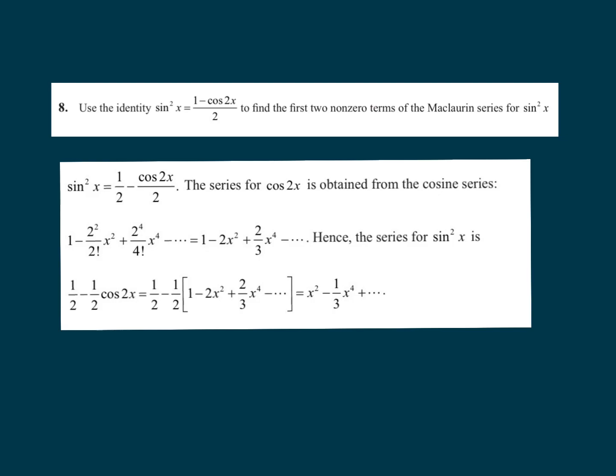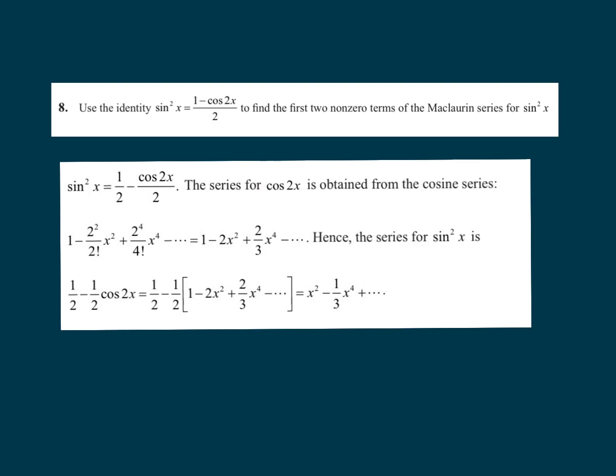Okay, and this one, we use the trigonometric identity for sine squared of x to find the power series representation of sine squared of x centered at x equals 0, because it's the Maclaurin.